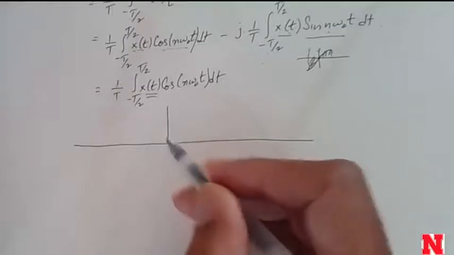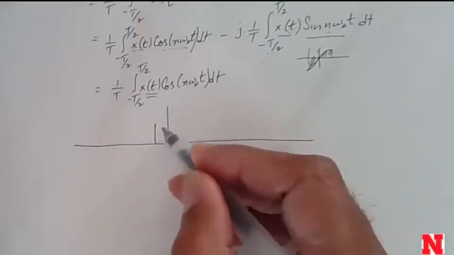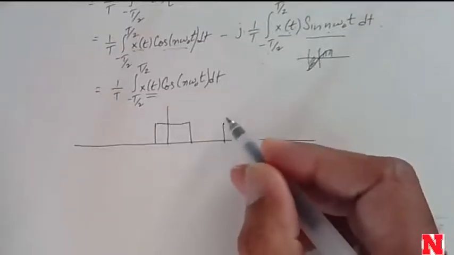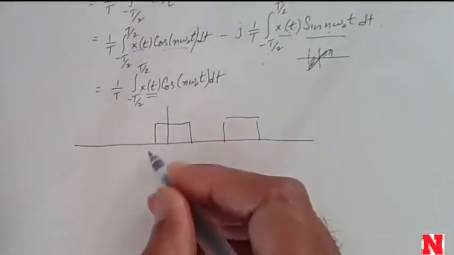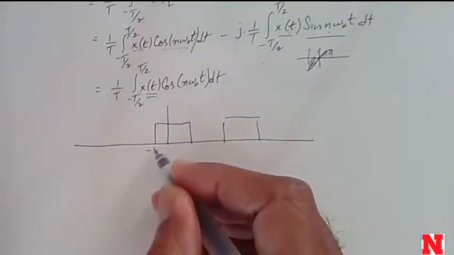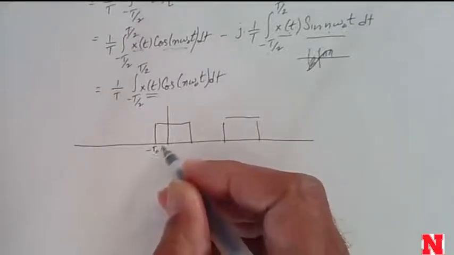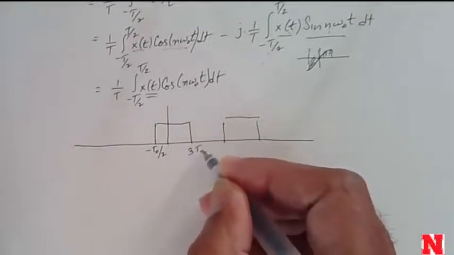So what I'm going to do is I'll take my original square wave and I'll shift it. So now I'm going to do it something like this, where I no longer have an even function. Okay, and so let's suppose this was minus T0 over 2, and this was 3T0 over 2.